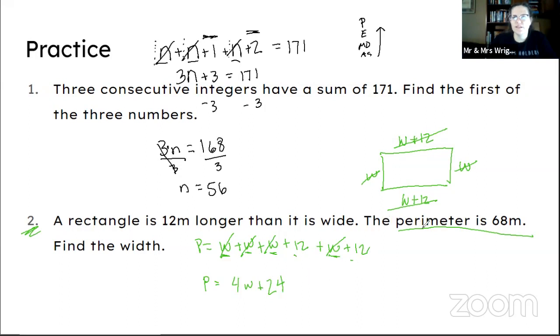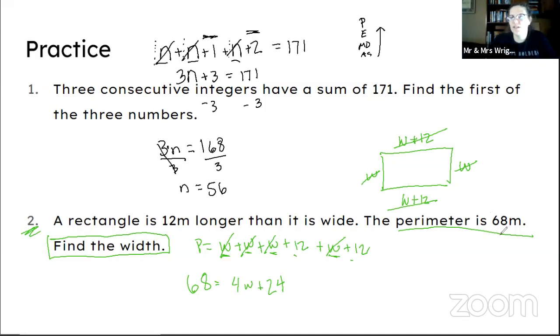Now it tells us that the perimeter is 68. So what I can do here is the perimeter of 68, I can plug into where this P is, right? Because I know what the perimeter is. And now I'm able to find the width. I created a math sentence that told me what the perimeter was.